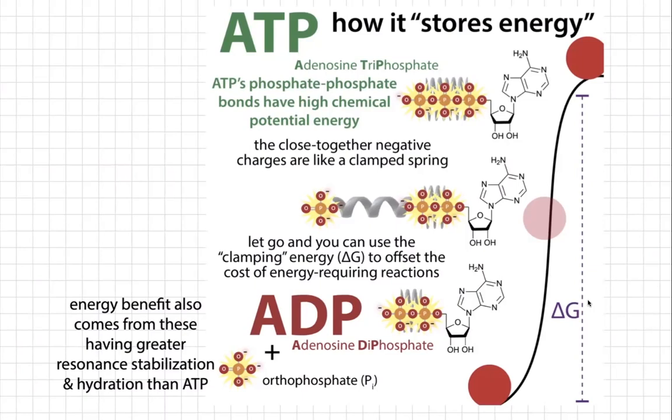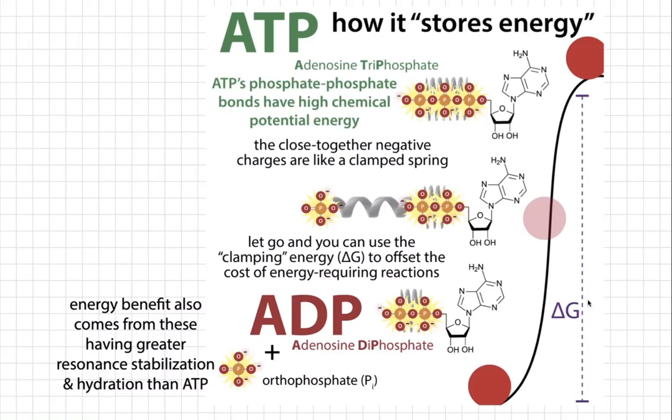Basically, it has a very favorable delta G. And it has a high activation energy, so it's not just going to split off all the time randomly. But we often talk about these phosphoanhydride bonds between those phosphate molecules as being high energy.